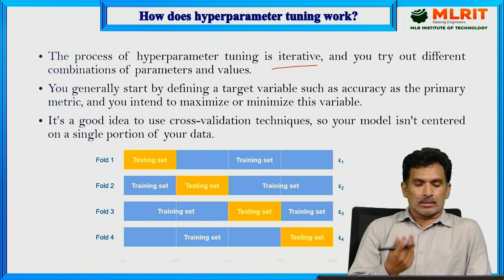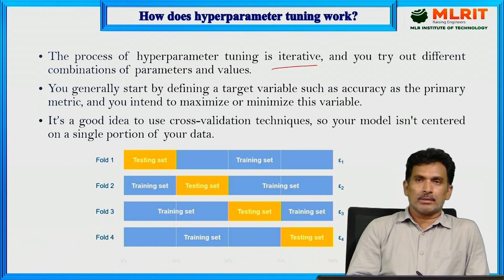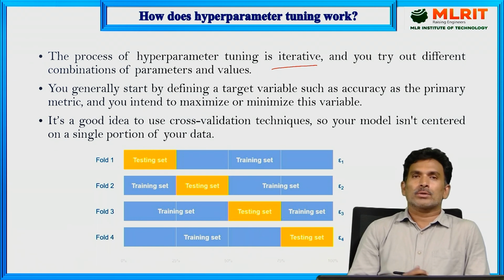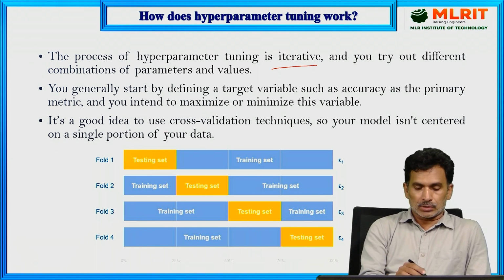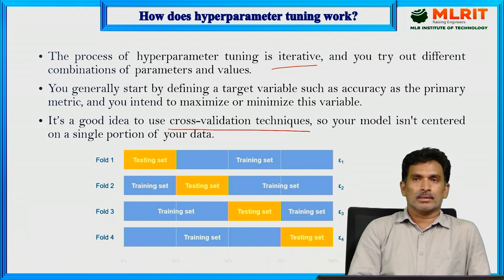You can generally start by defining a target variable such as accuracy as the primary metric, which you intend to maximize or minimize. It's a good idea to use cross validation techniques, so your model is not centered on a single portion of your data.